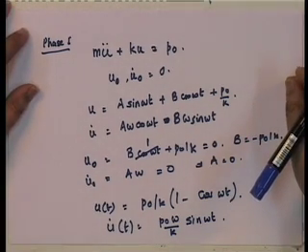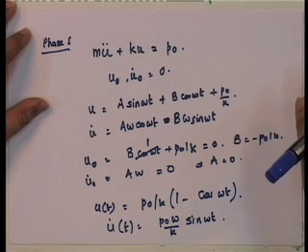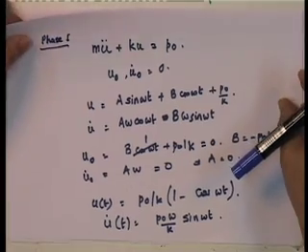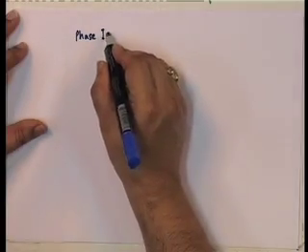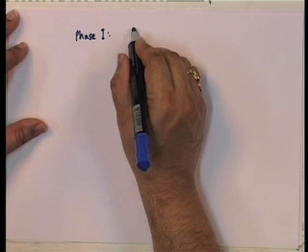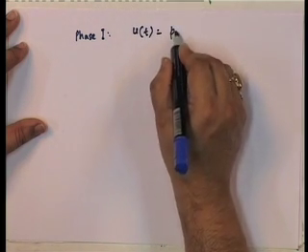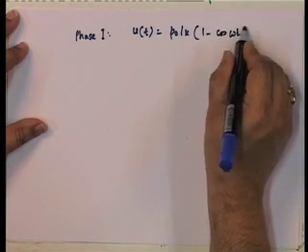Now, note what this solution means. Let us look at it: phase 1 is u of t equal to p naught upon k into 1 minus cosine omega t.